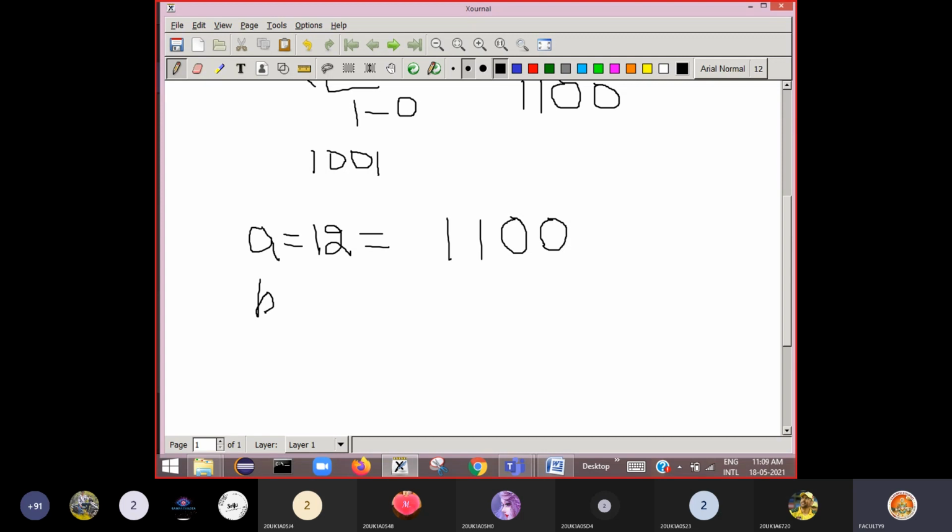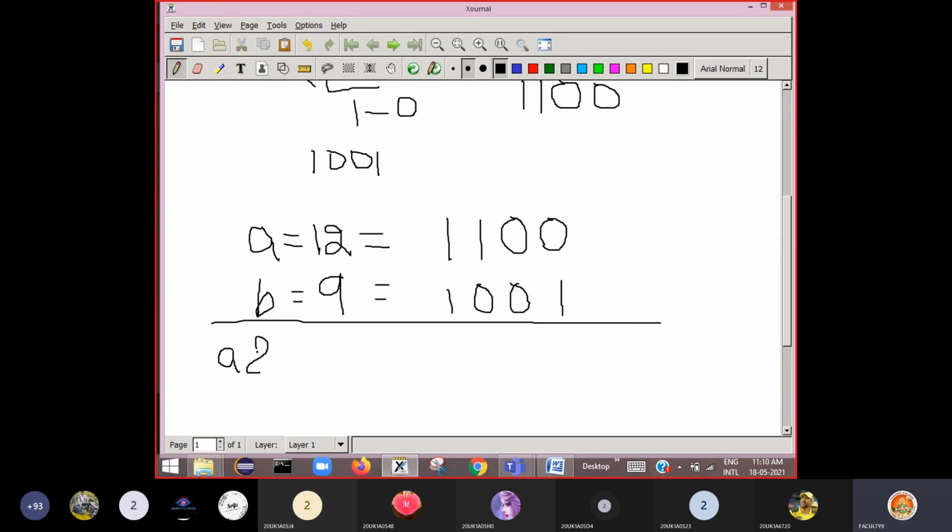So what is the B value? B is given as 9. So its binary equivalent, if you write, is 1 0 0 1. So that means now we expressed both A and B in binary form. Now we'll perform bitwise AND of A and B.